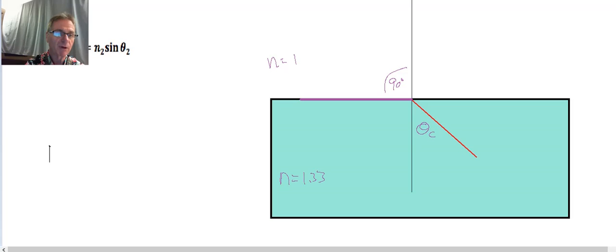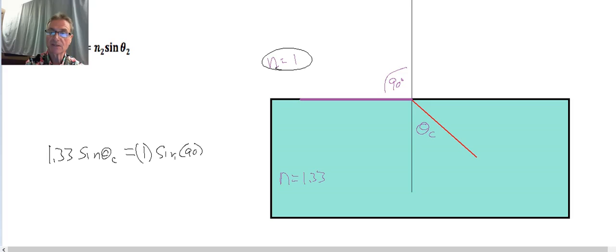So we're going to have 1.33, and I apologize if I said glass before, I meant water. 1.33 times the sine of theta c, which we don't know, we're going to try and figure that out, is equal to n2, which is 1, times the sine of 90 degrees, because that's the angle at which the light bent. So the right side of our equation is simply 1, because the sine of 90 is 1.